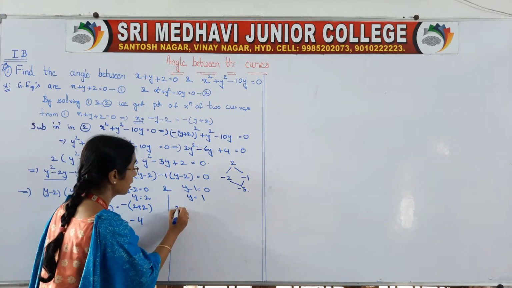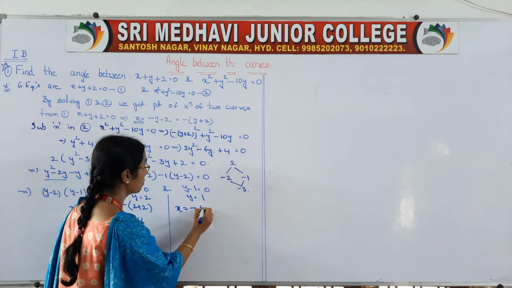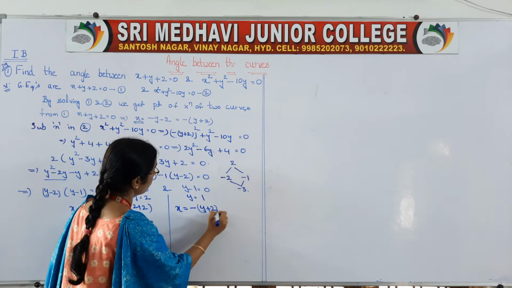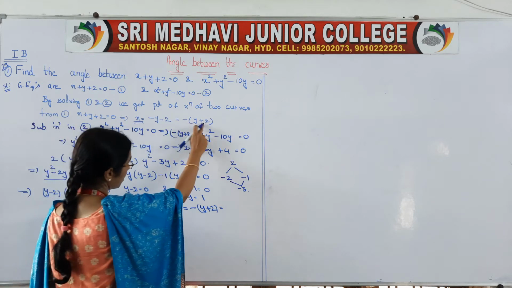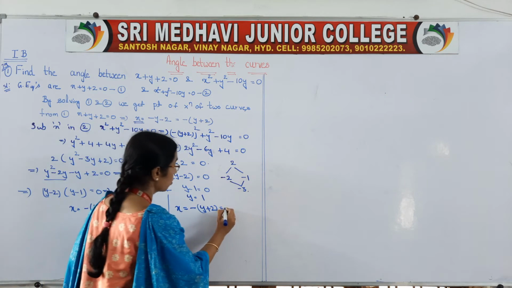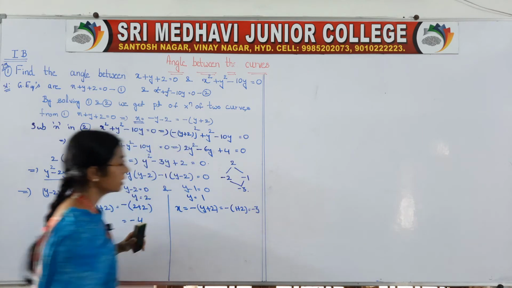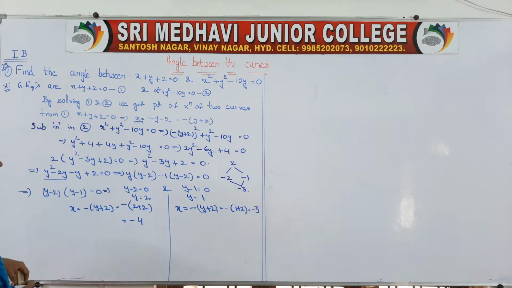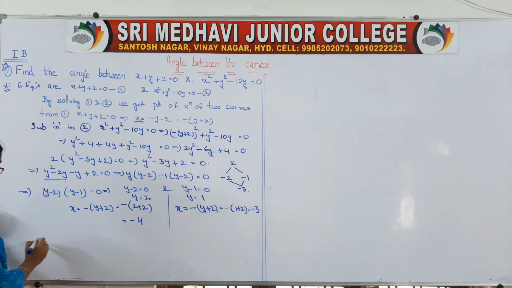Okay, similarly x is equal to minus of, what is the formula? Y plus 2. Formula means according to this question, right? X is equal to minus of y plus 2. So minus of 1 plus 2, that is minus 3. Okay, so we got two x values, two y values.